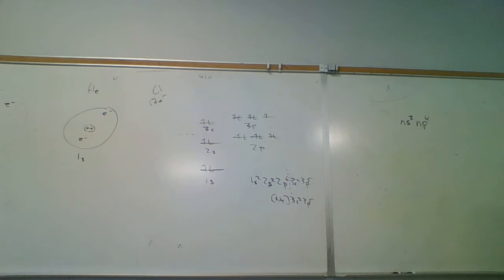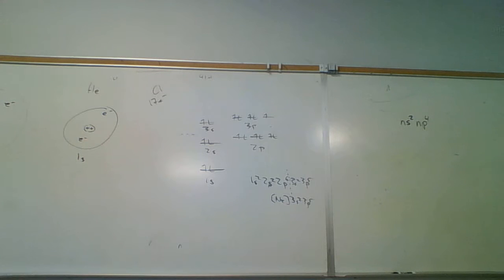So shouldn't sodium be a lot smaller than lithium because it has 11 positive charges versus lithium's 3? Yes, it would be if it was in the same shell, but the difference is we jump. When we go to sodium, we jump up another shell, from n=2, the second shell, to the third shell.